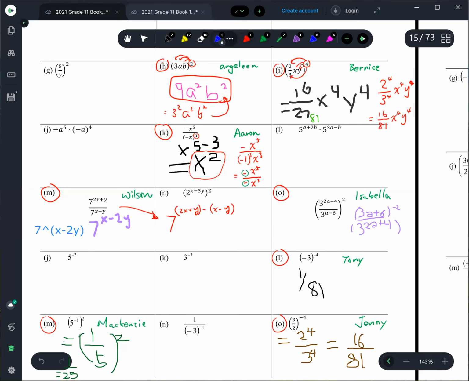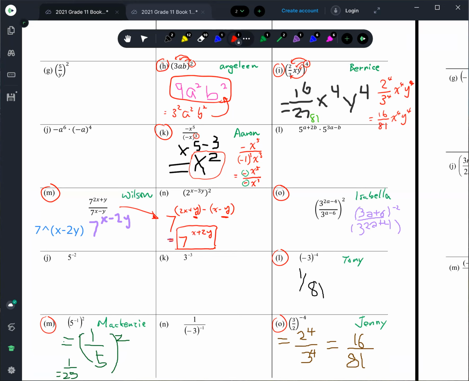Subtract the exponent. And now the 7 stays there. 2x subtract x gives you x, and then y subtract negative y actually becomes plus y. So it should be x plus 2y, instead of x minus 2y. So that's why I picked this question. It has a subtraction. You have to watch out for the signs.